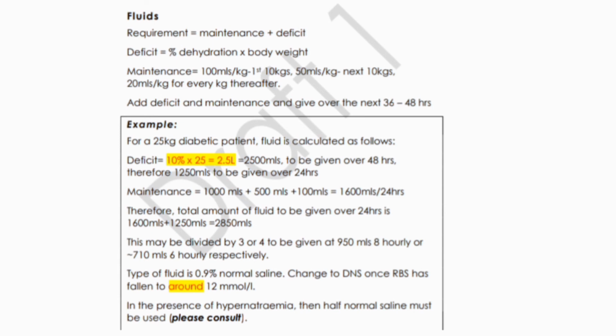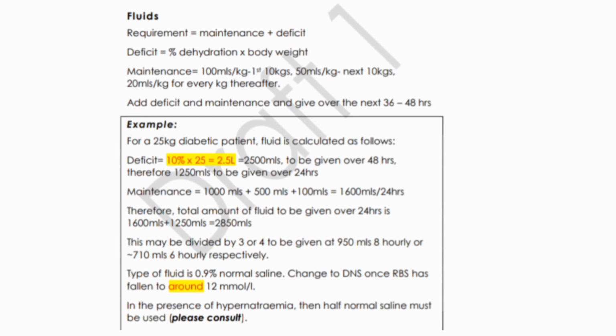So just do the math now. 10% is 10 over 100, so 10 over 100 times 25. 10 times 25 is going to give us 250, then 250 divided by 100 is going to give us 2.5.